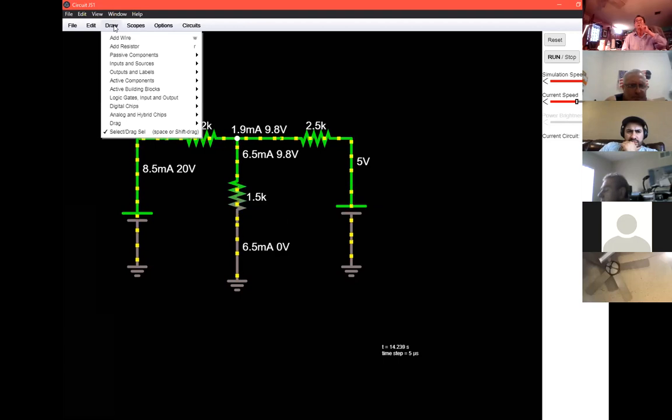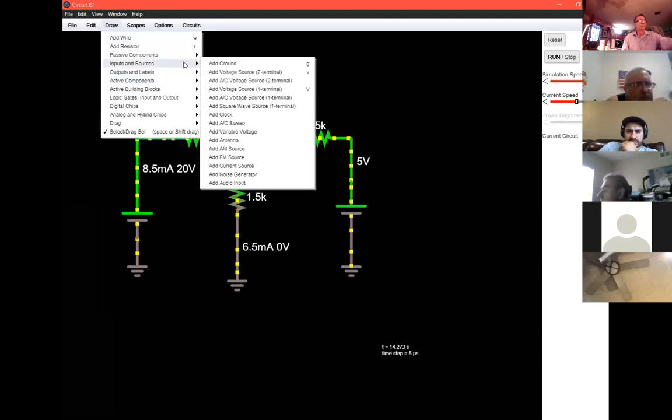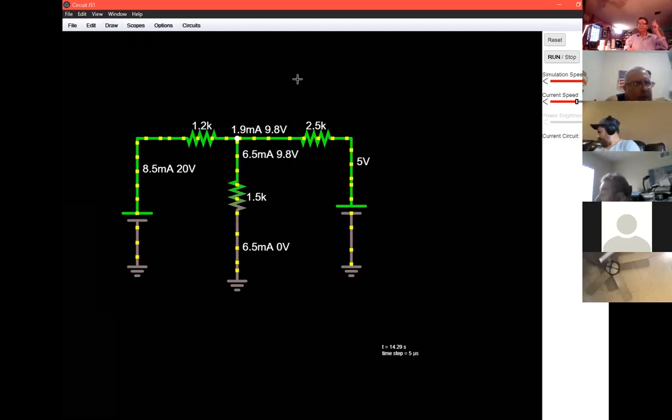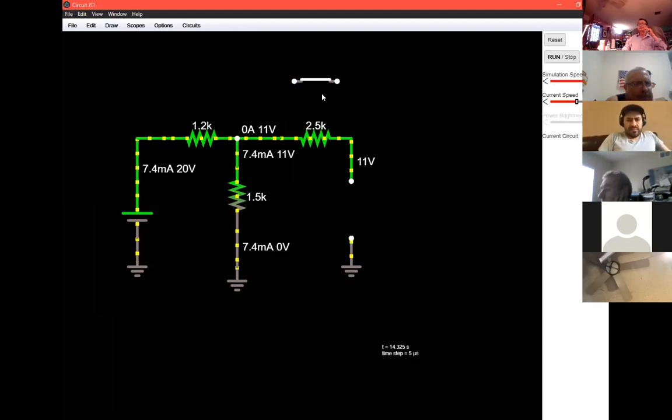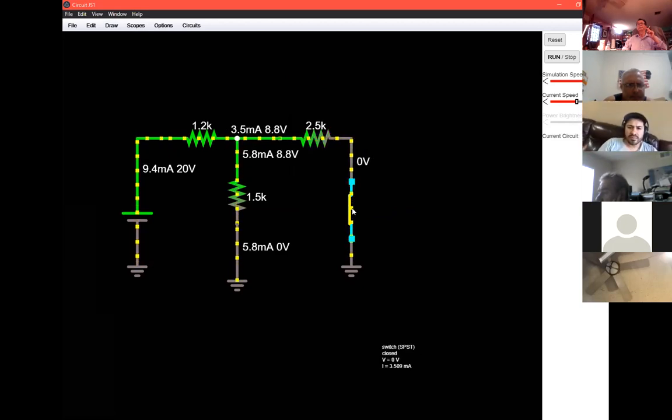And you have a nice list of components that you could add, like say a switch. You want to take away the power supply and put a switch in. So there are different ways to break your circuit.